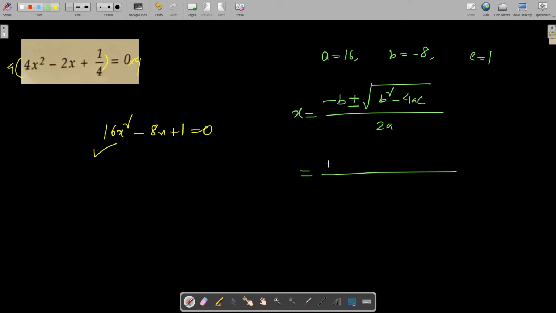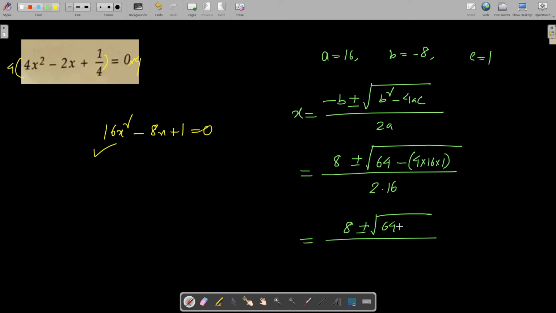Minus b, minus minus 8, will become plus 8, under root minus 8 square, it will be 64 minus 4ac. So it will be 4 into a is 16 and c is 1. 2a, 2 into 16. What will we get? So we'll get 8 plus minus root 64 minus 64 divided by 32.